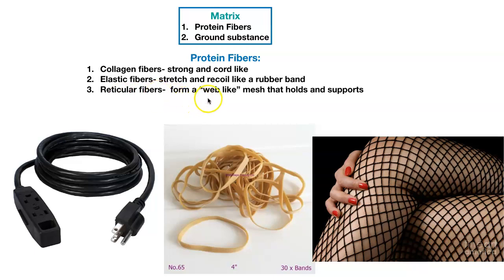Now reticular fibers form a web-like mesh that is going to hold and support. And if we were in class, I would be bringing my fishnet stockings and showing you this is kind of actually how reticular fibers look to me and how they hold whatever within them.